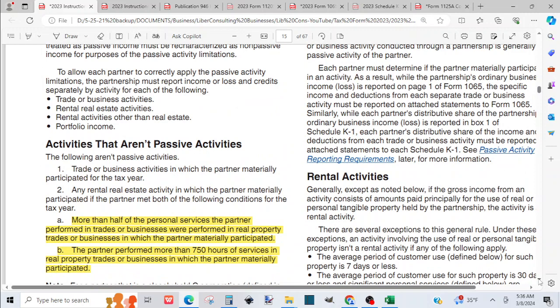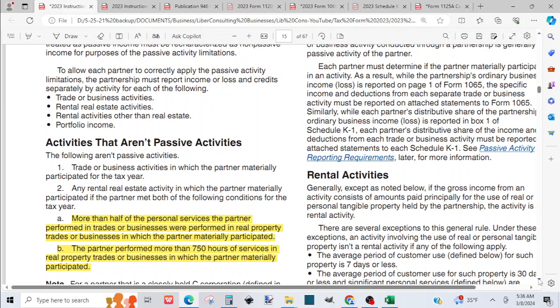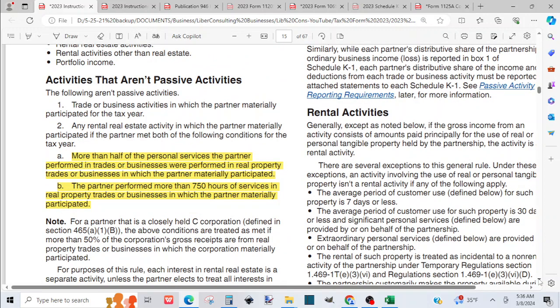And it's good to know what is portfolio income, what is considered passive activity, and what is considered active business activity. So the following aren't passive activity: trade or business activity in which the partner materially participates during the year.